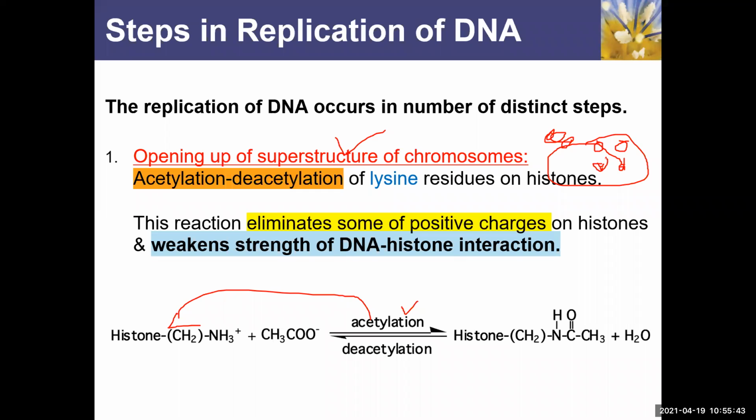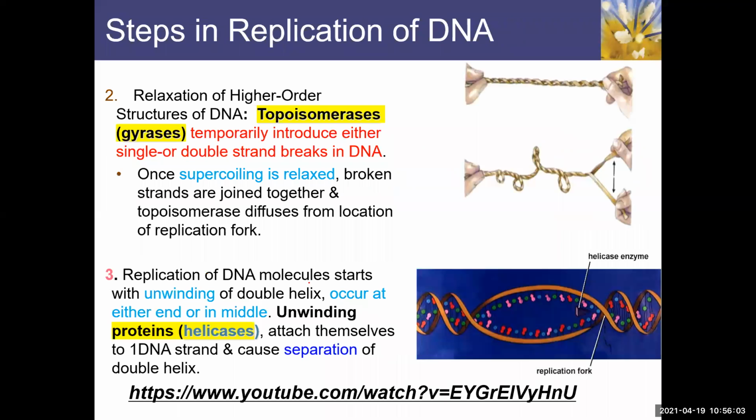So this interaction will be decreased. Is it clear? And remember, the enzyme is the histone acetyltransferase enzyme, or just the histone acetylase enzyme. So it basically simply weakens the strength of the DNA histone interaction. This is the first step.